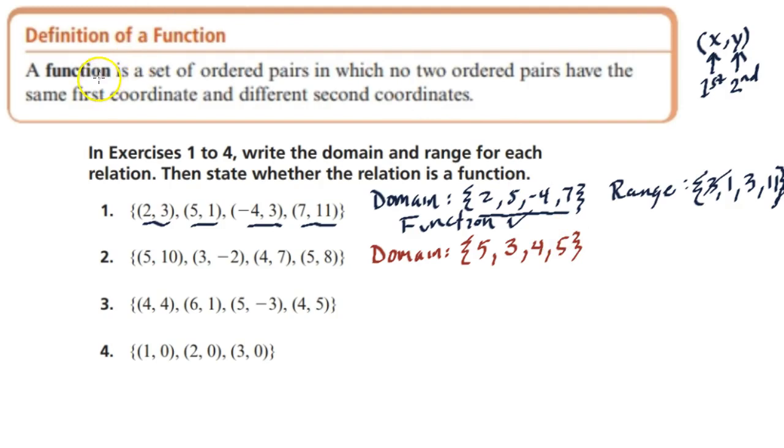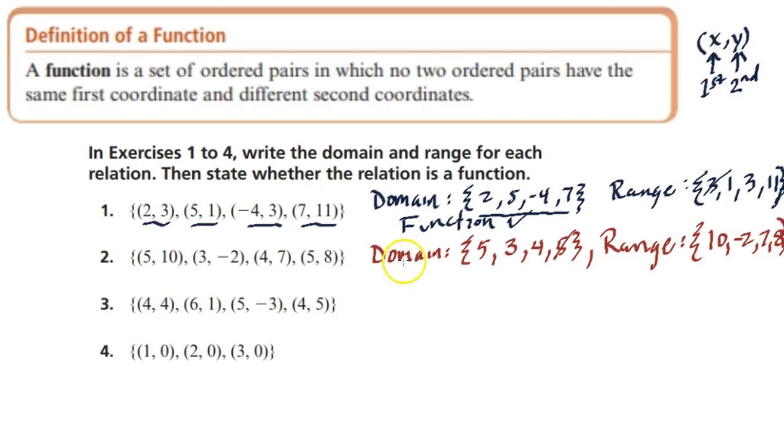That may be an issue when we get into a function. When we're talking about the domain, we don't have to repeat values, similar to the range, how we crossed out that 3. And now we are going into range, and we have 10, -2, 7, and 8. The closing bracket.